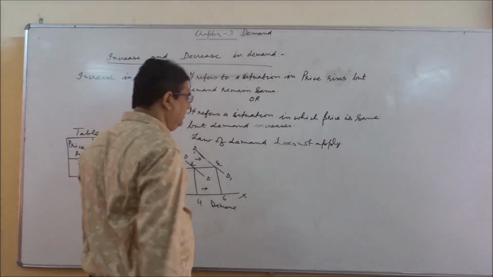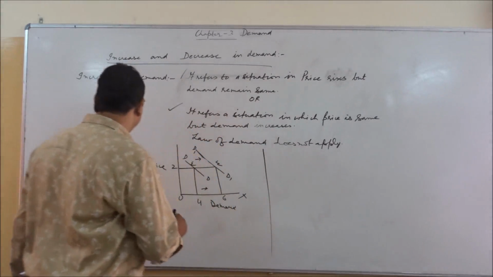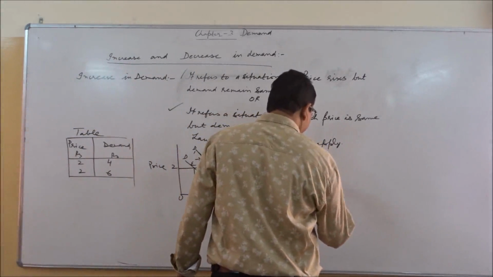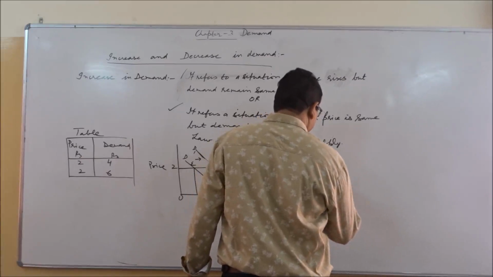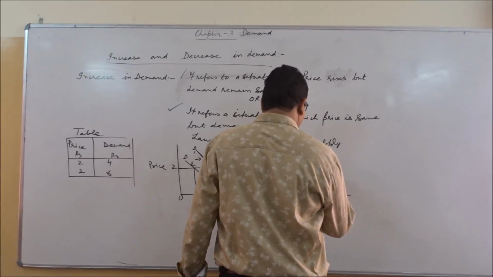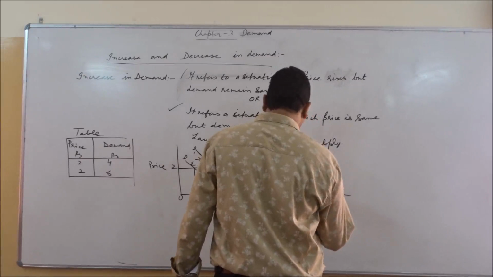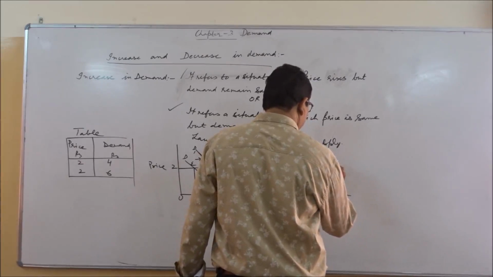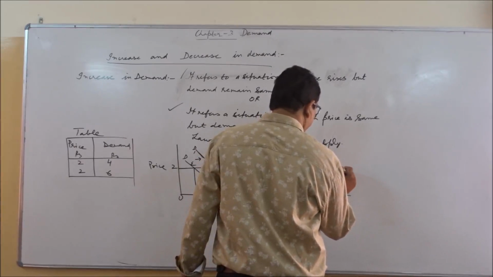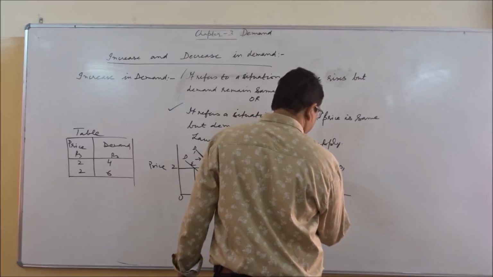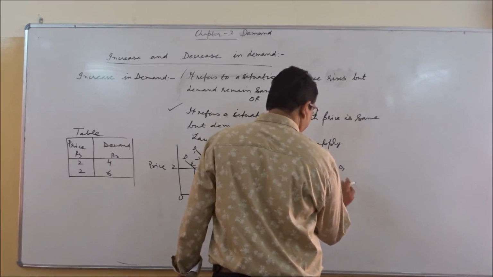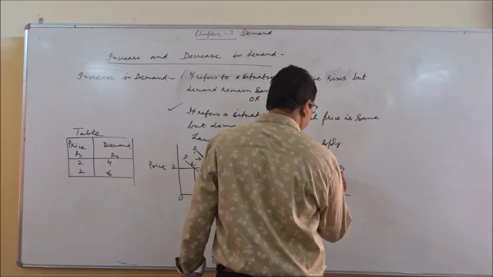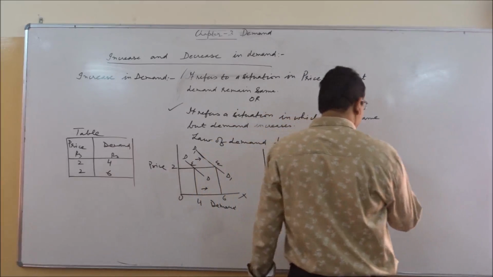Another table and diagram in which demand is constant, price is fluctuating. Price was 2, demand is 4. We can make it same as like that.